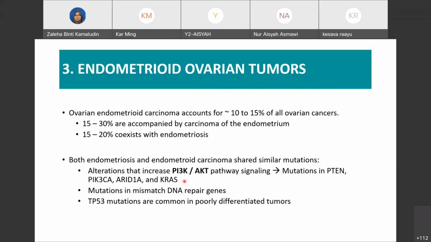The mutation also occurs in DNA mismatch repair genes as well. In poorly differentiated tumors, the type of mutation involved is the TP53. But generally the most common one is the alteration in the PI3K/AKT pathway.